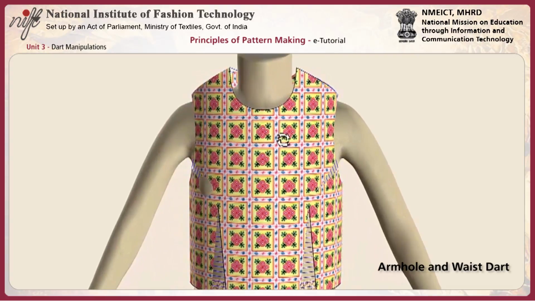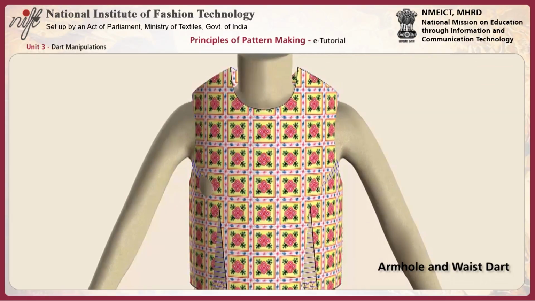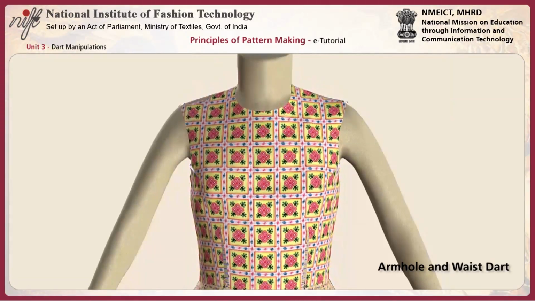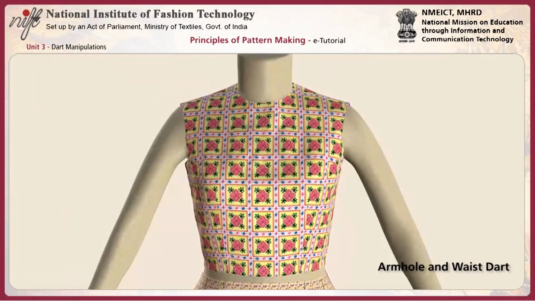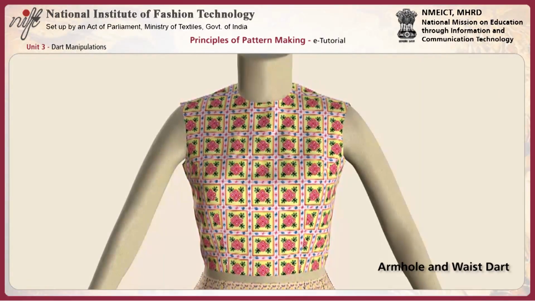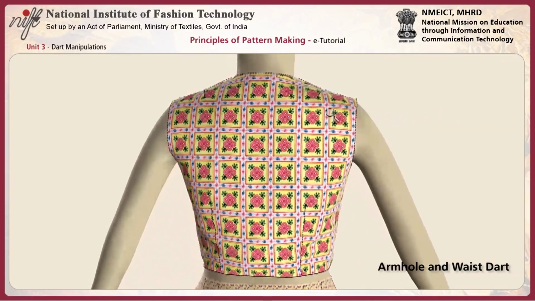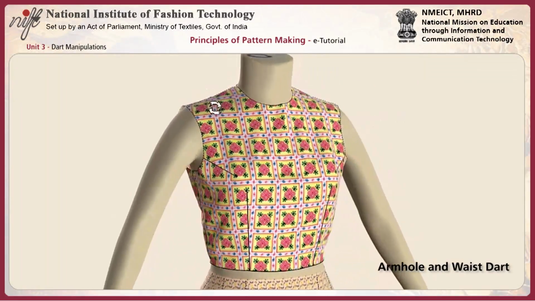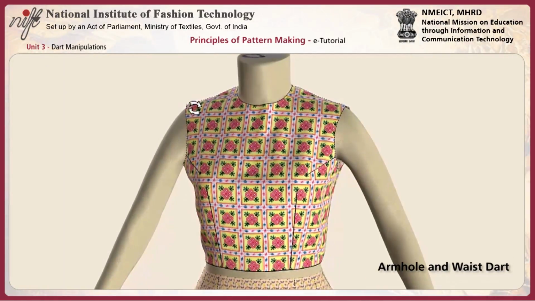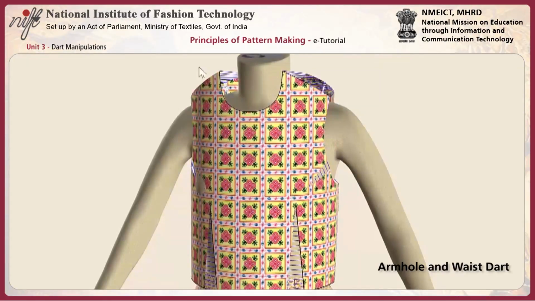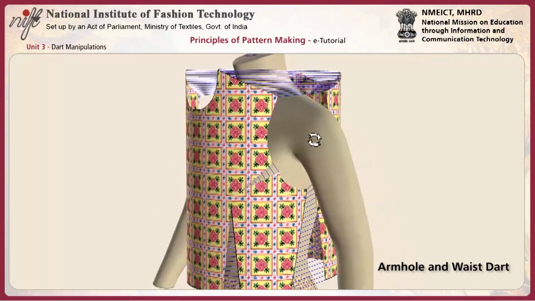The enclosing of waist darts, armhole darts, shoulder darts, side seam and shoulder seam gives a fitted garment. We can visually analyze the fitting of the garment through this video. In this video, we can find that the required ease is given at the waist level, bust area and armhole region for the movement of the body.